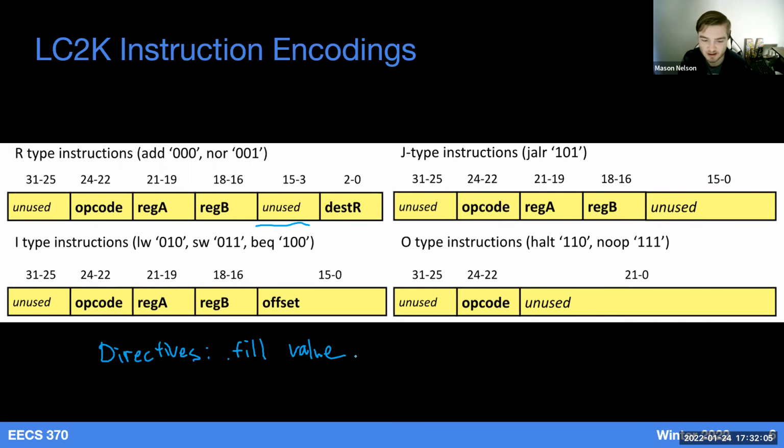That is going to be one thing that we can do in Project 1A. And beyond just numbers, we can treat this value field just like any of the offsets from the I-type instructions, specifically LW and SW. But we'll see more on what we can do with that in this next slide.